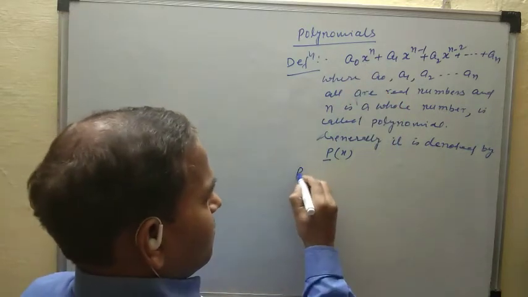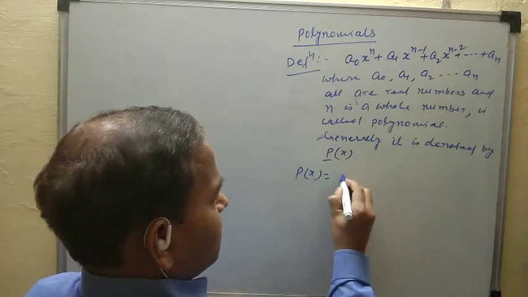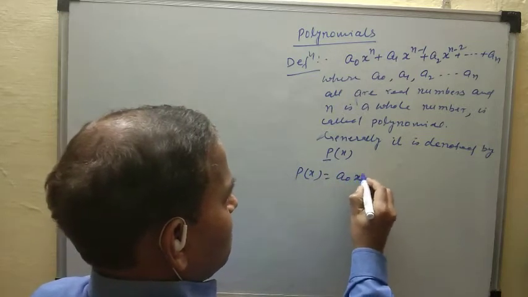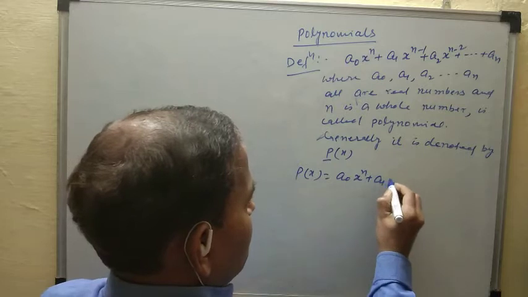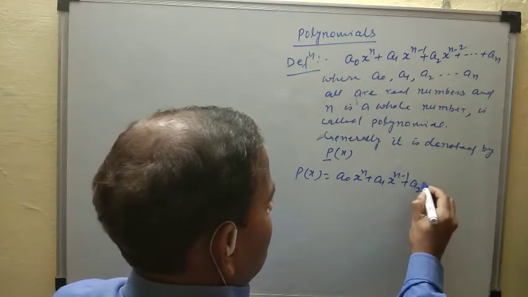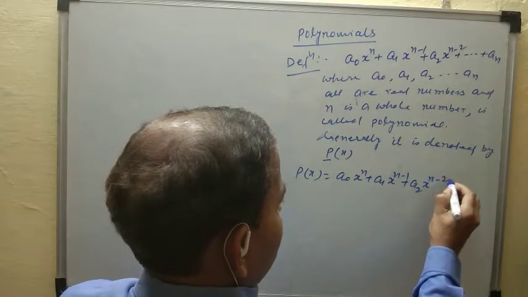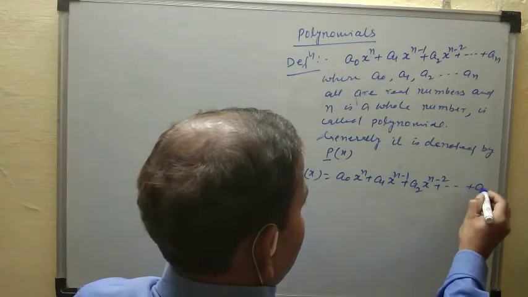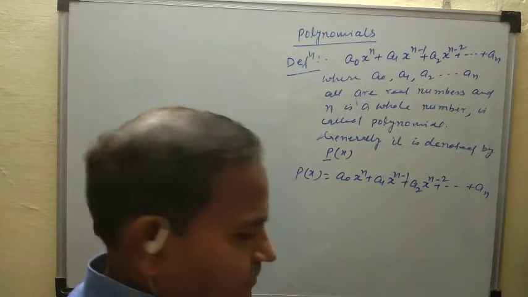So p of x is equal to a naught x to the power n plus a1 x to the power n minus 1 plus a2 x to the power n minus 2 plus so on plus an.